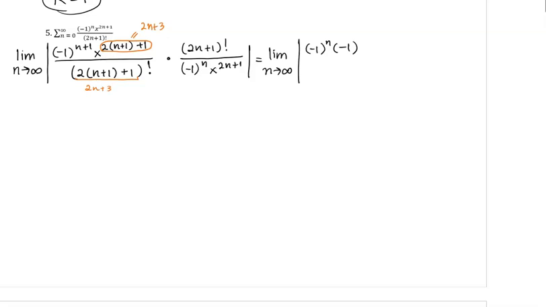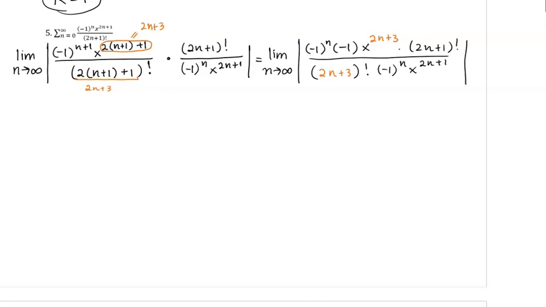So we have x to the 2n plus 3 in that numerator, and then we're also multiplying that by a 2n plus 1 factorial. In the denominator, we have a 2n plus 3 factorial, simplifying that expression on the inside of the parentheses, a negative 1 to the n, and an x to the 2n plus 1.